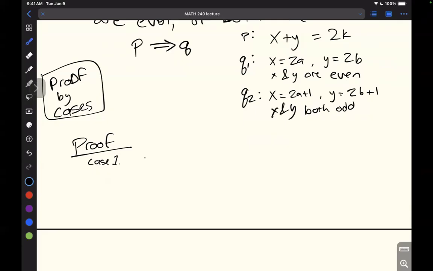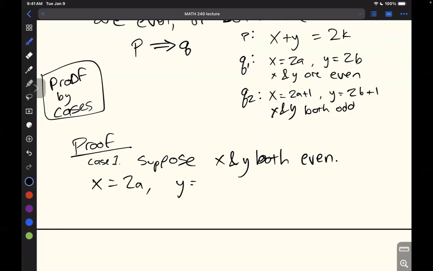We're going to suppose X and Y are both even. And so X is equal to 2A, Y is equal to 2B. We can't say anything automatically about what adding them together gives, but we can add them together.